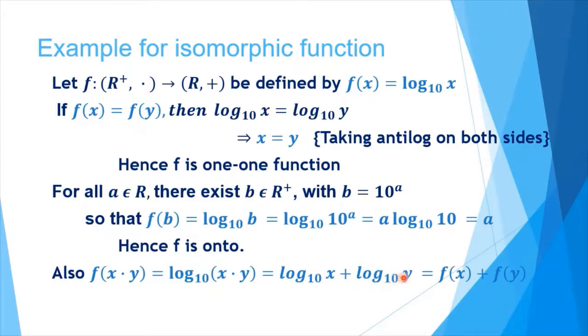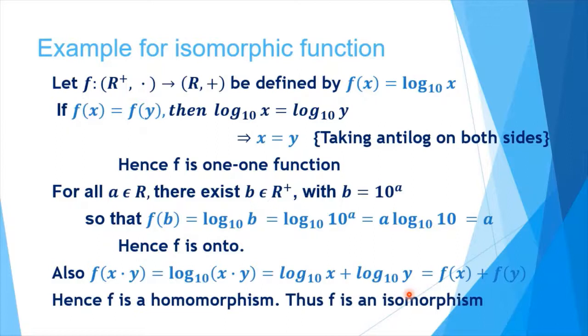So log x to the base 10 is defined as f(x), and this can be replaced by f(y). So the binary operation is preserved. f(x·y) is found to be f(x) + f(y), so that f is a homomorphism.